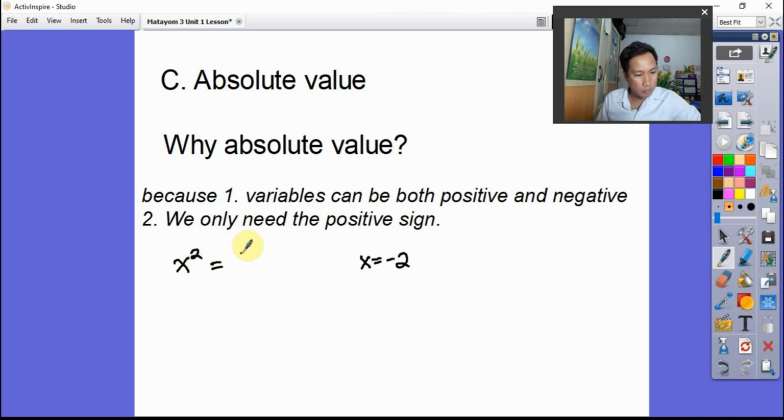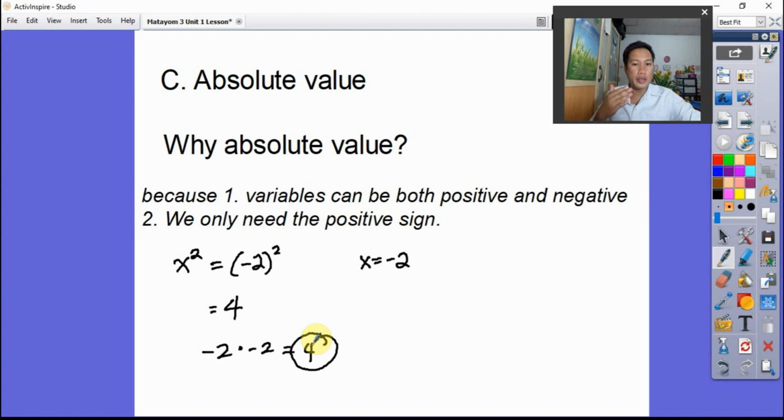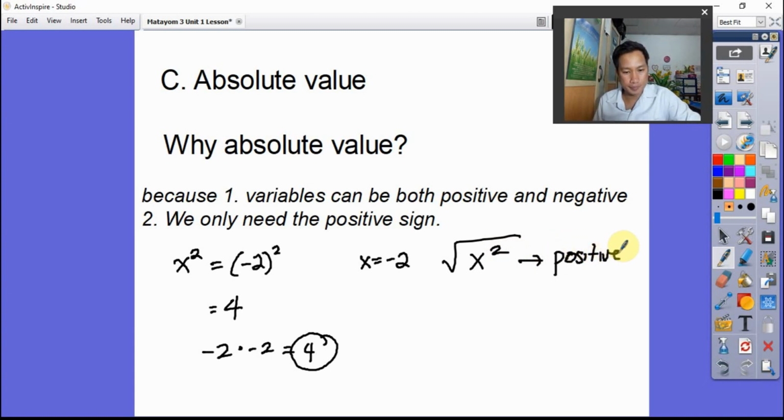So x squared is negative 2 squared. Negative 2 squared is a positive number: negative 2 times negative 2 is equal to a positive number. So when we process the number inside the square root here, everything should be positive automatically.